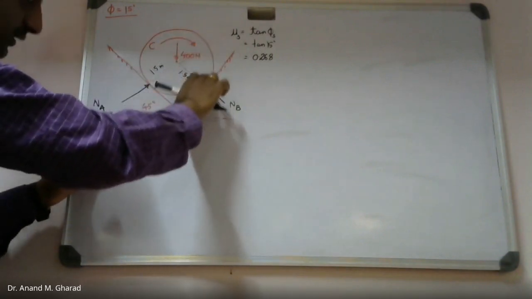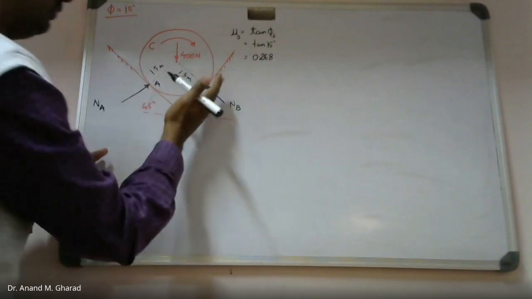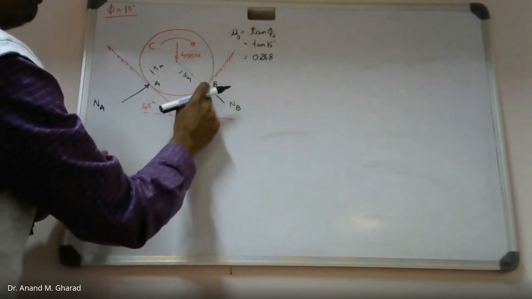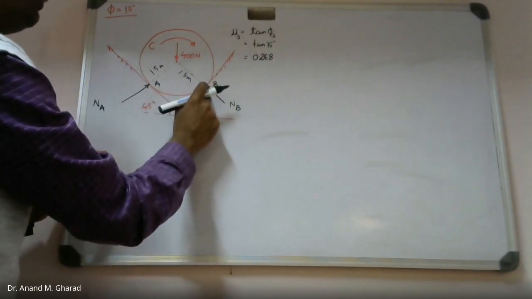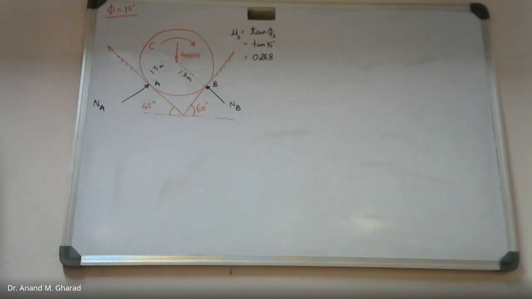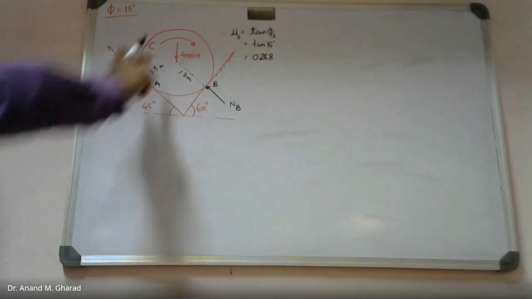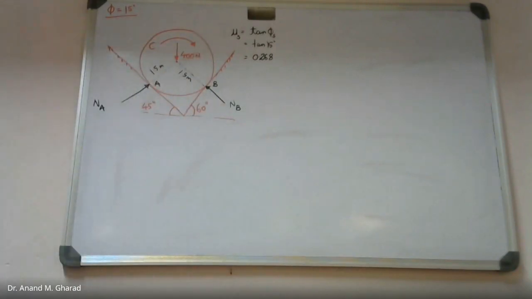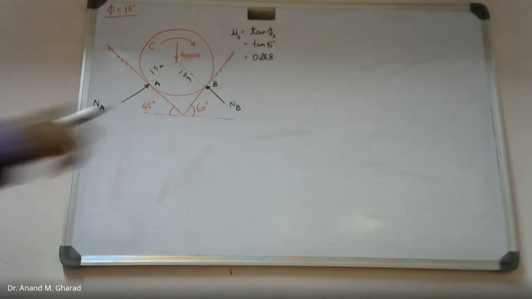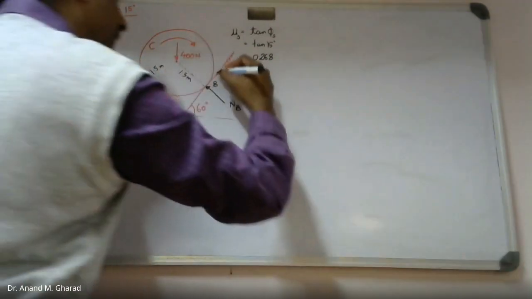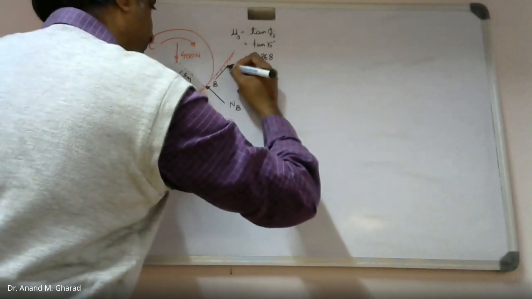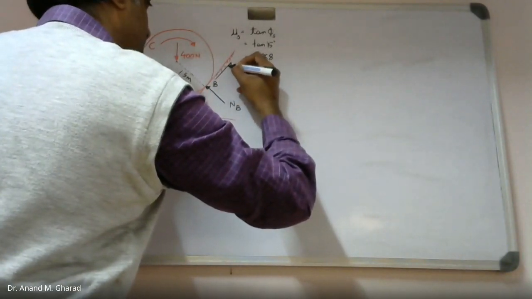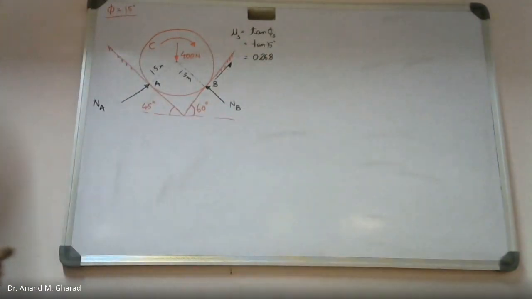Since it is moving in this direction, now let me know at point B, what will be the direction of frictional resistance? It is moving in the clockwise direction. So what should be the direction of frictional resistance? It will be upwards. So I will represent the frictional resistance in this manner.